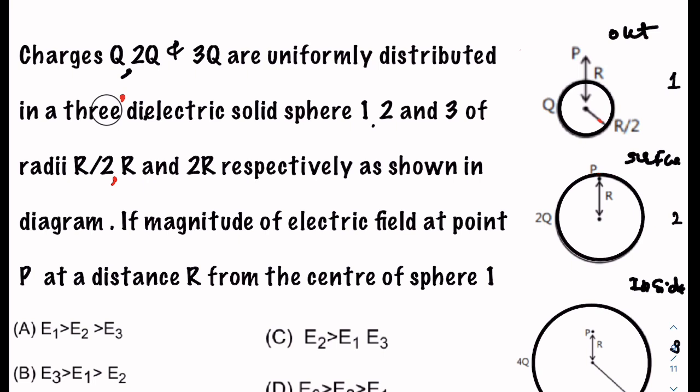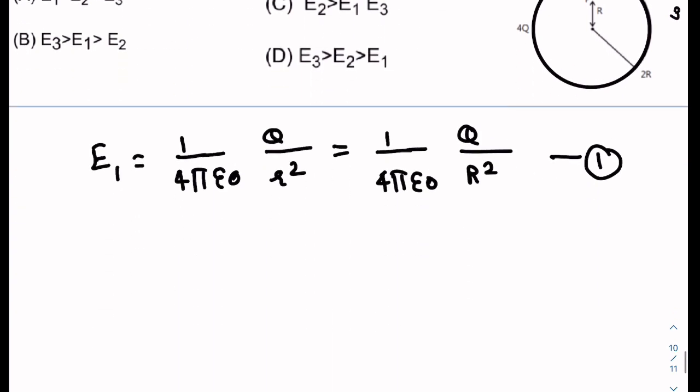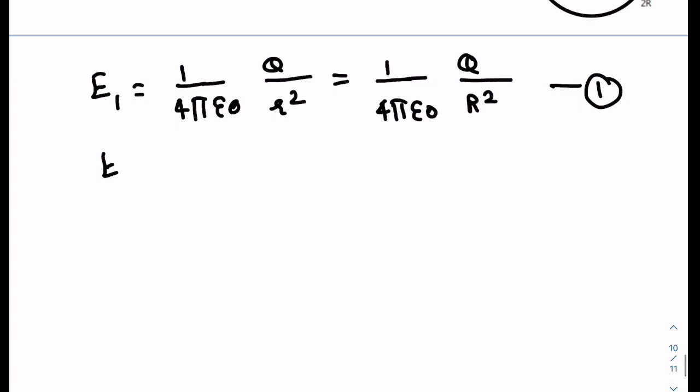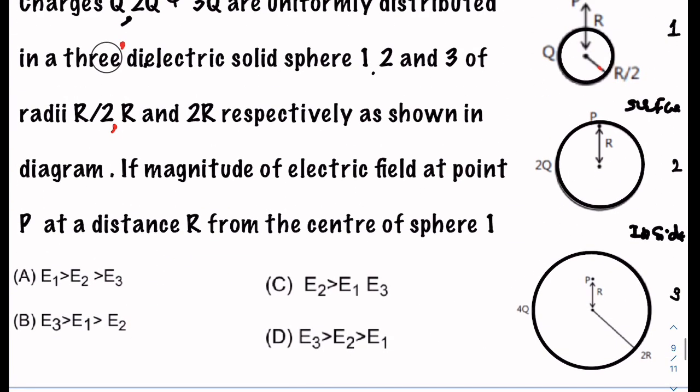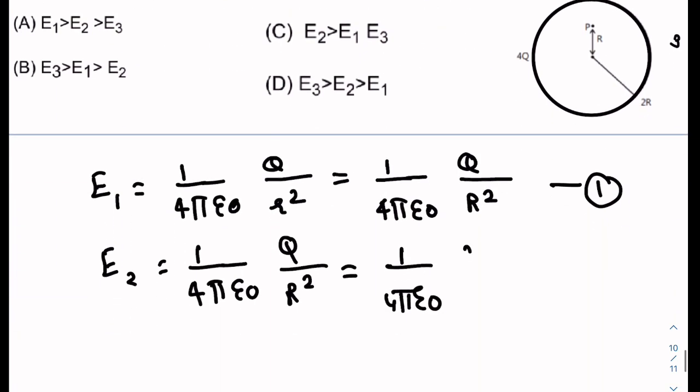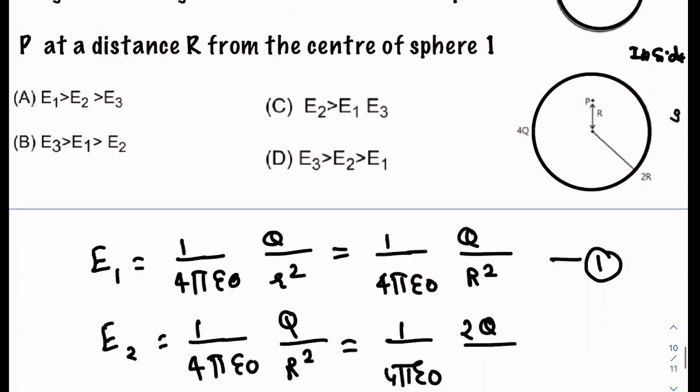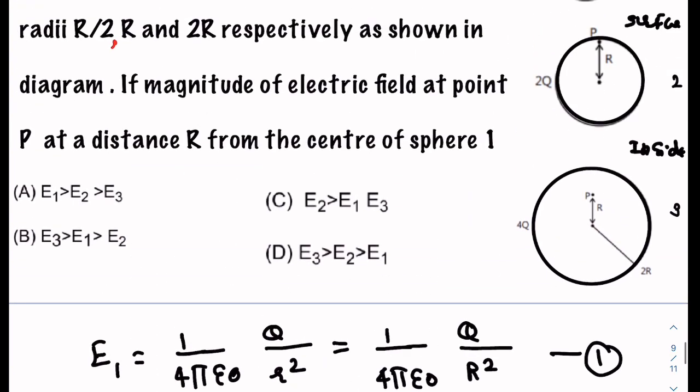Point P is on the surface. Therefore, the electric intensity for the surface is E2 equal to 1 by 4 pi epsilon naught charge on the sphere by radius square. The charge on the second sphere is 2q and the radius is r.